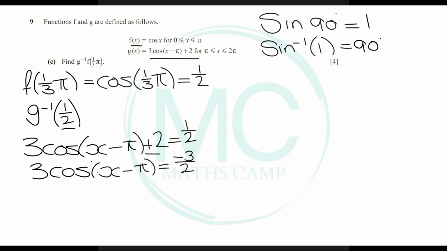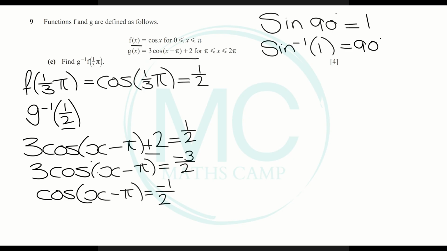To get the ratio by itself, let's divide both sides by 3. We're going to have cos of x minus pi equal to -3 over 2 divided by 3, which gives us -3 over 6. Simplify, and we get -1 over 2.